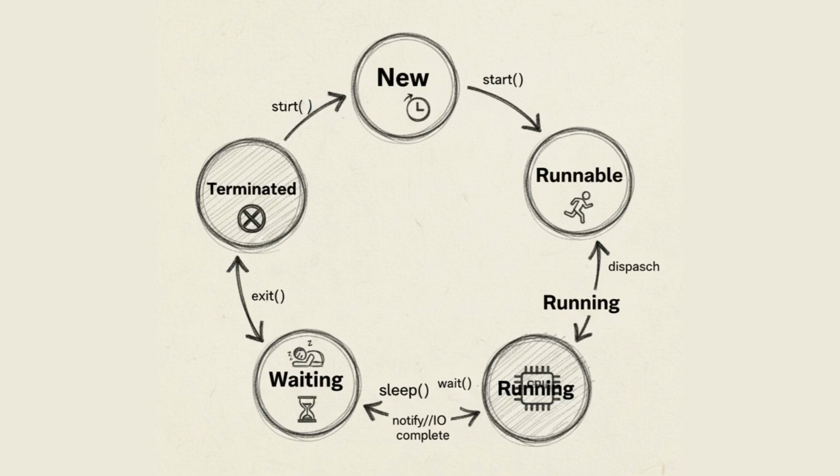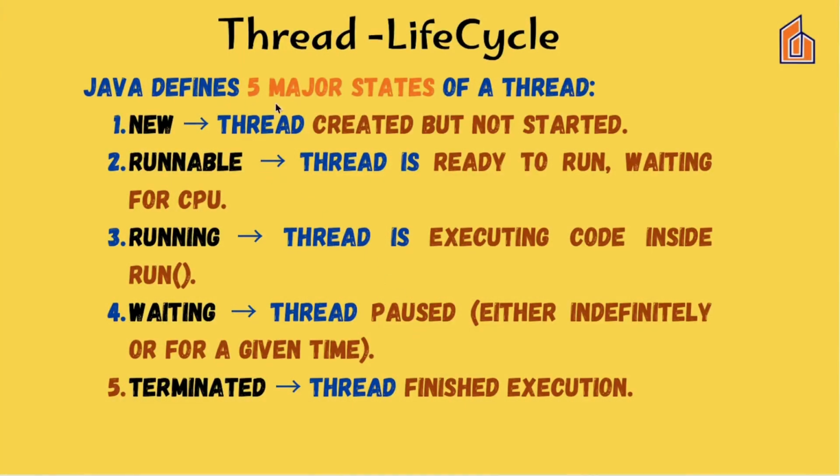Now, the thread life cycle has 5 major states. Let's see them. Java defines 5 major states of a thread: new, runnable, running, waiting and terminated. New is when a thread is created but not started. Runnable is when the thread is ready to run, waiting for the CPU.